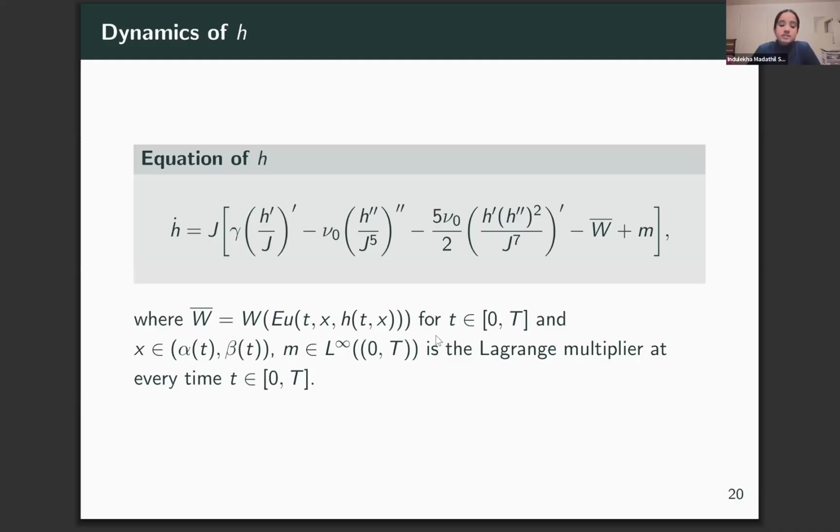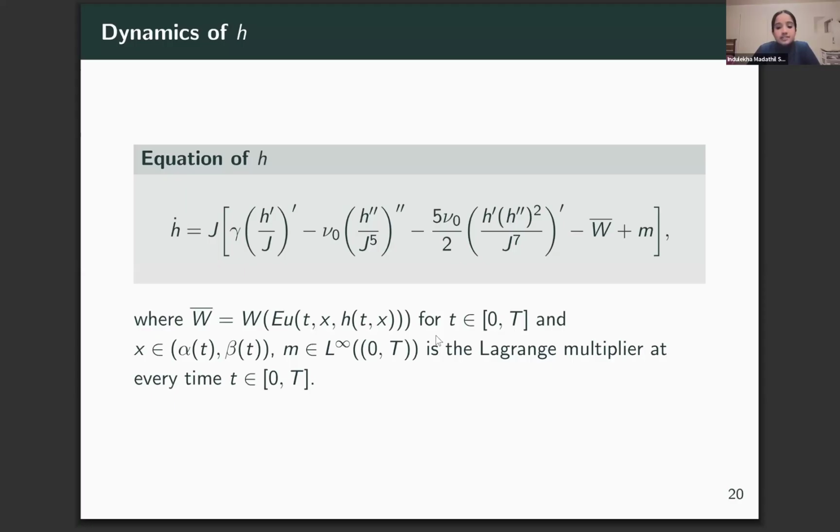This equation represents the dynamics of H. It is fourth order in space. And the minimization associated with H, or the minimization of surface energy and elastic energy, is subject to the constraint that the area under the graph of H is a constant in time.